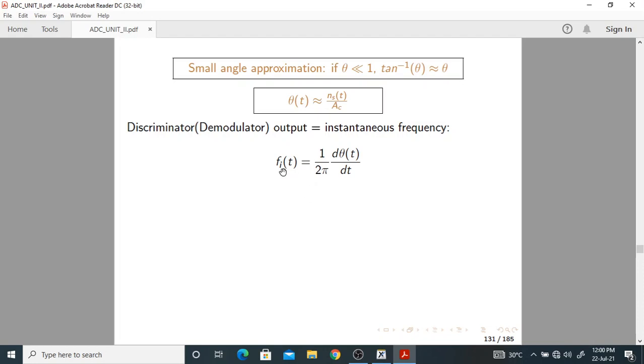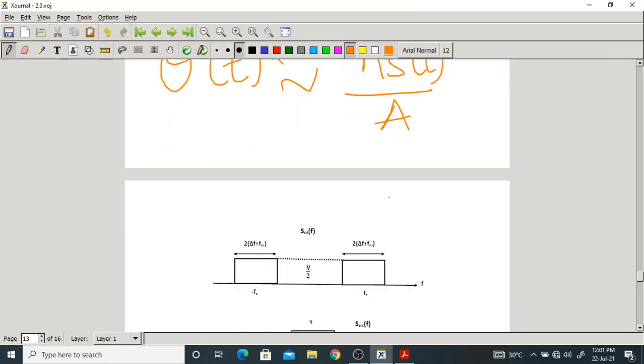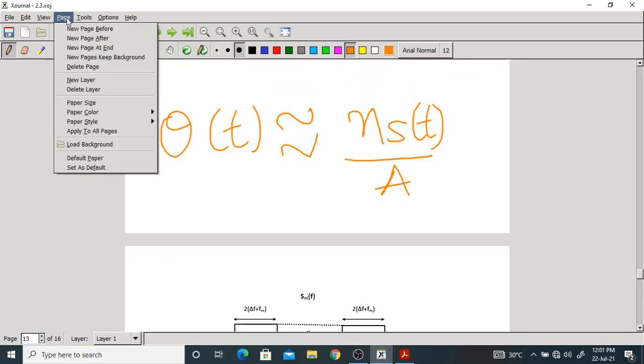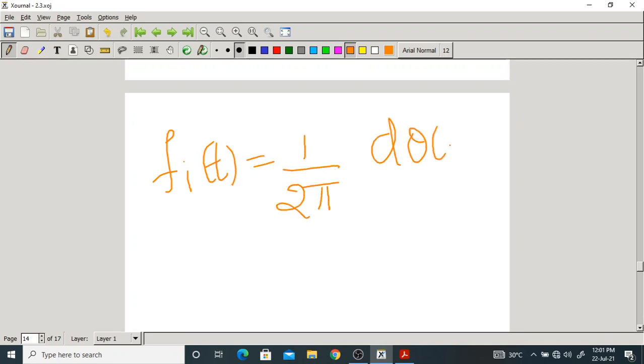I am asking for instantaneous frequency, that's why I am dividing by 2 pi: 1 by 2 pi d theta of t by dt. But what is theta of t? Theta of t is ns of t by A. Now, what is fi of t? fi of t equal to 1 by 2 pi d theta of t by dt.